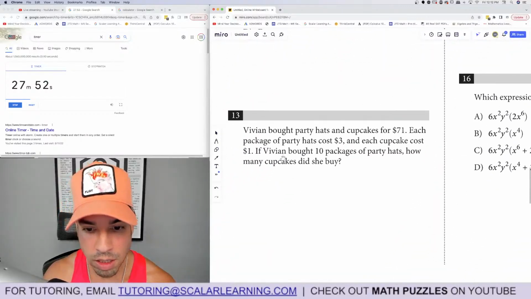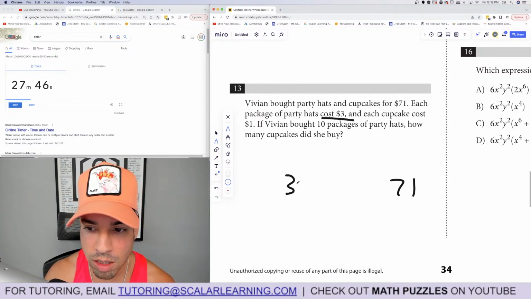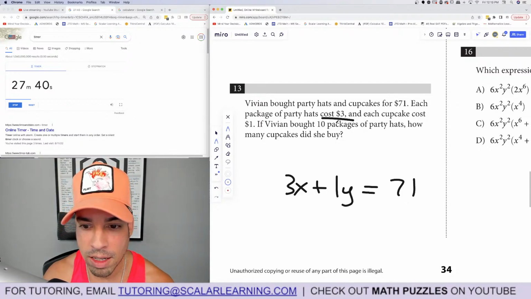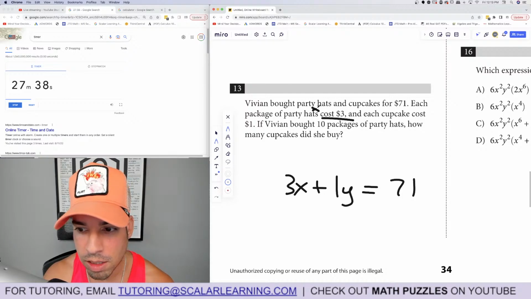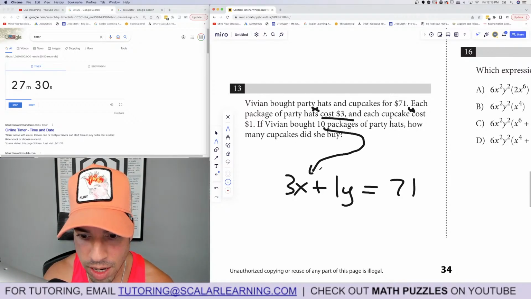Number 13. Vivian bought party hats and cupcakes for $71. Each package of party hats cost $3. Each cupcake costs $1. So I'm making a little equation here. The party hats will be x and the cupcakes will be y. Vivian bought 10 packages of hats, which is x.